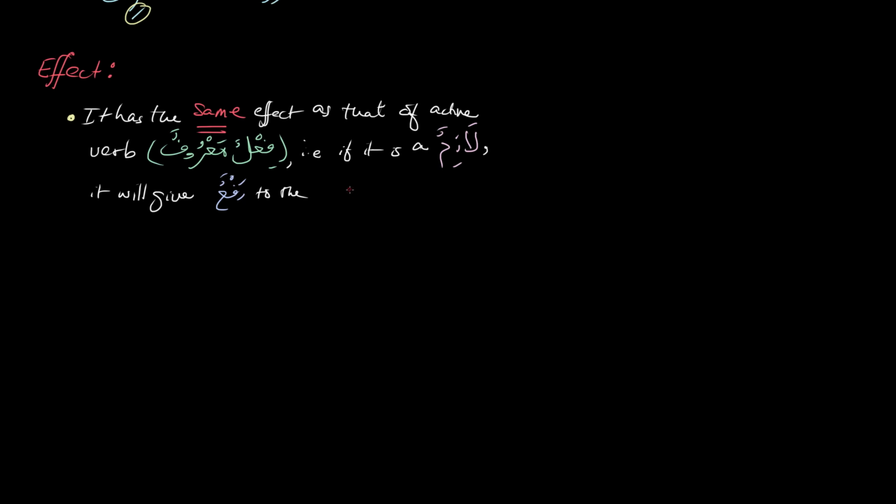Just a little bit neat here. Fa'ilun. So give fa'ilun. And if it is muta'addi, okay, I'll put a full stop here because no confusion there. If it is muta'addi, you write it like this, muta'addin.